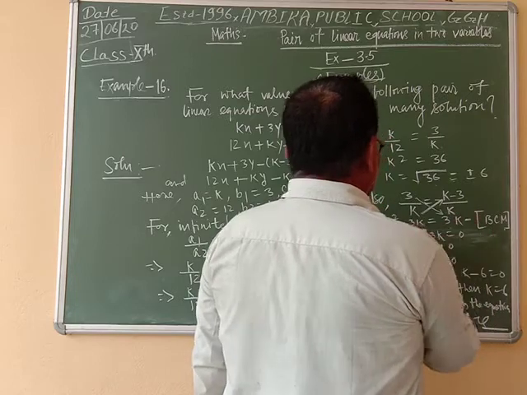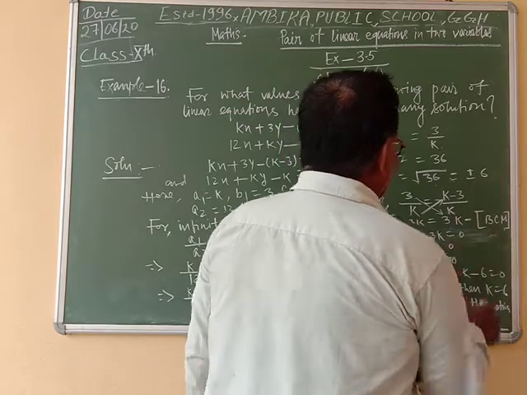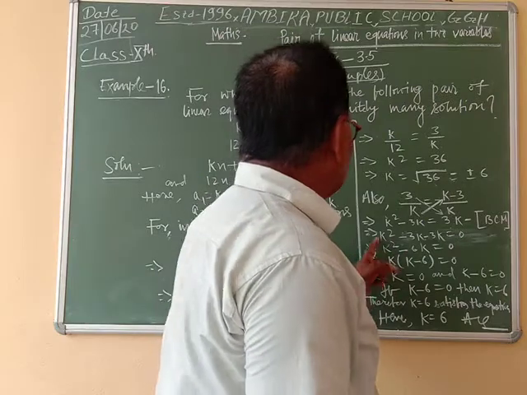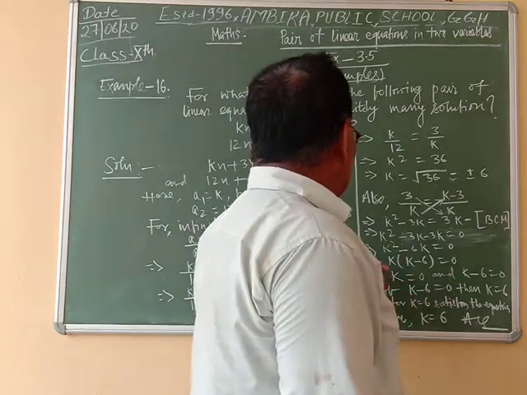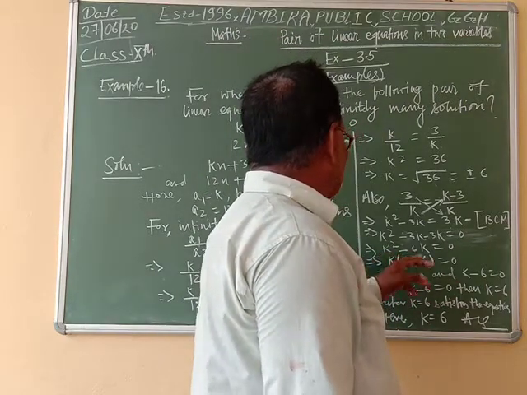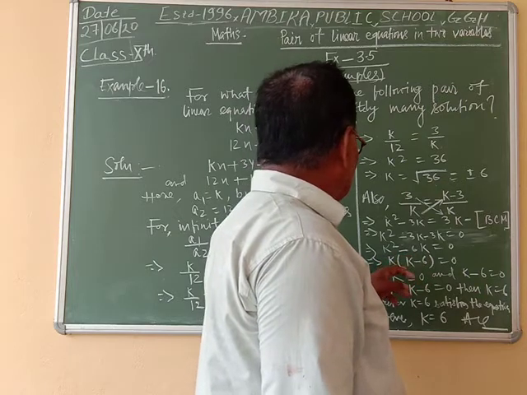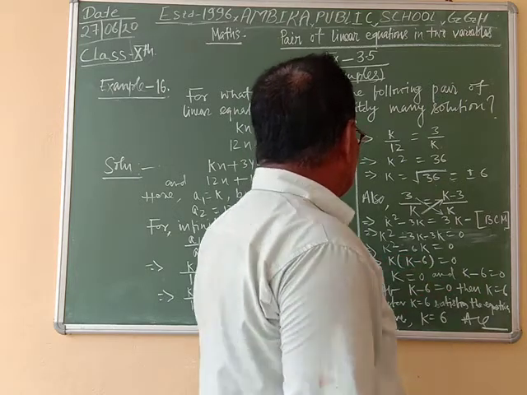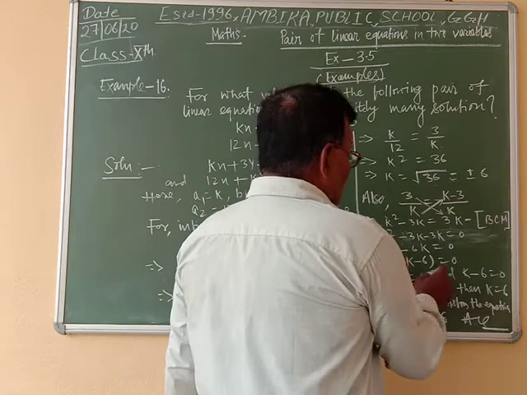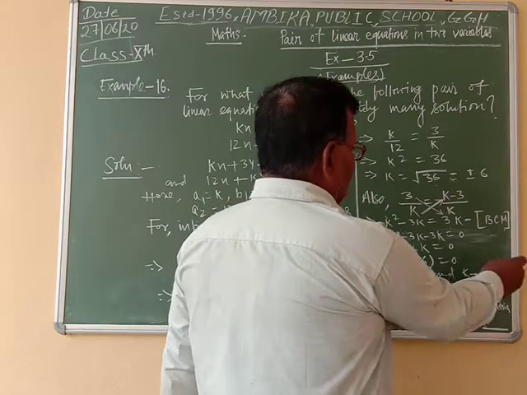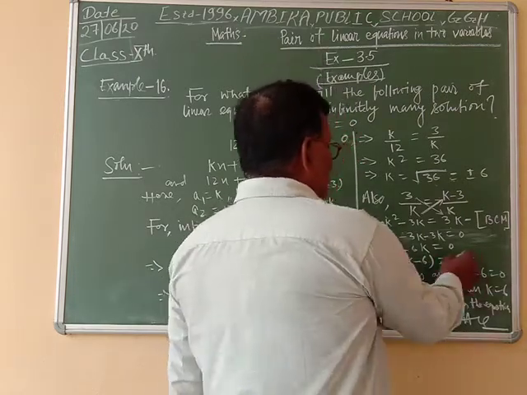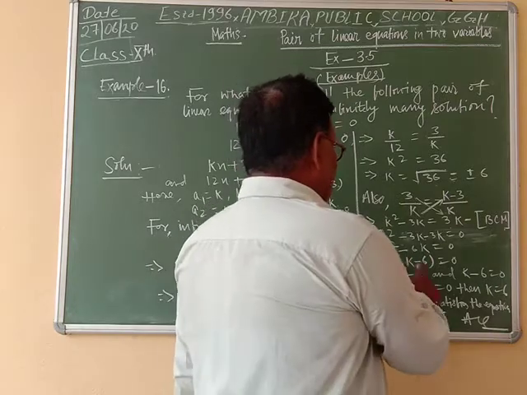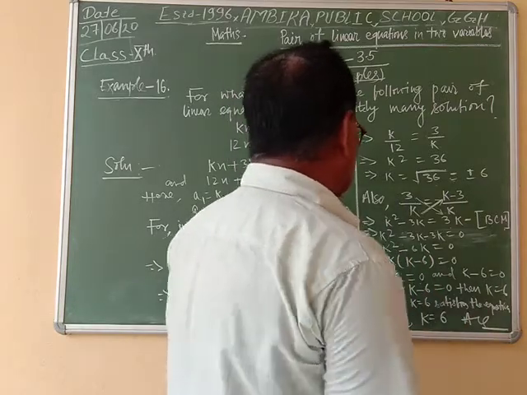By transposition, k square minus 3k minus 3k is equal to 0, or k square minus 6k is equal to 0, or taking common k, k into k minus 6 is equal to 0. Therefore, k is equal to 0 and k minus 6 is equal to 0 because product is 0.